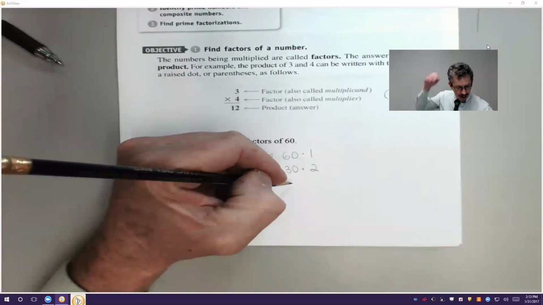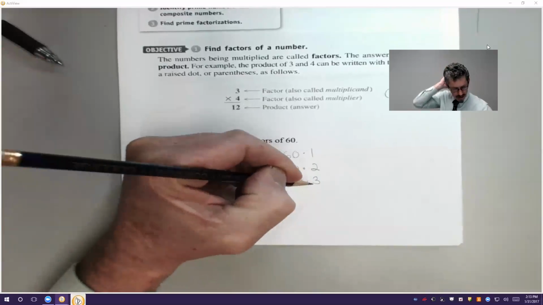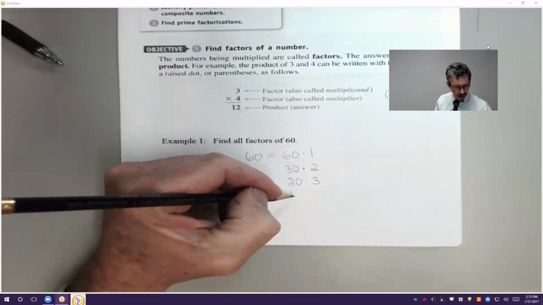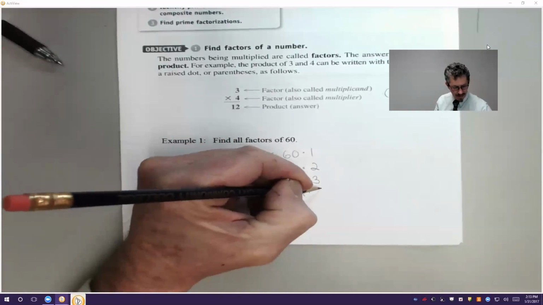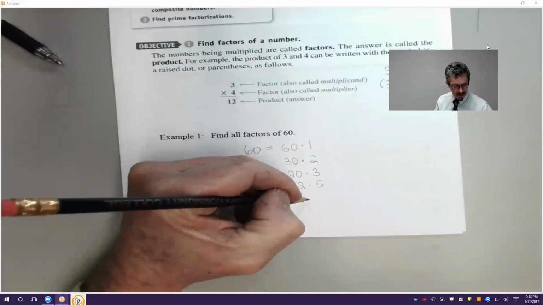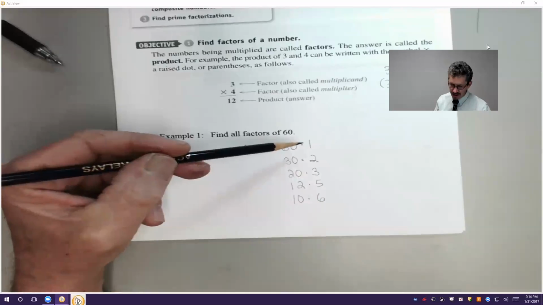We can also divide by 3, and we would get 20 times 3. We can divide by 5, we would get 12 times 5. Divide by 6, 10 times 6. And I believe I've covered all the bases.